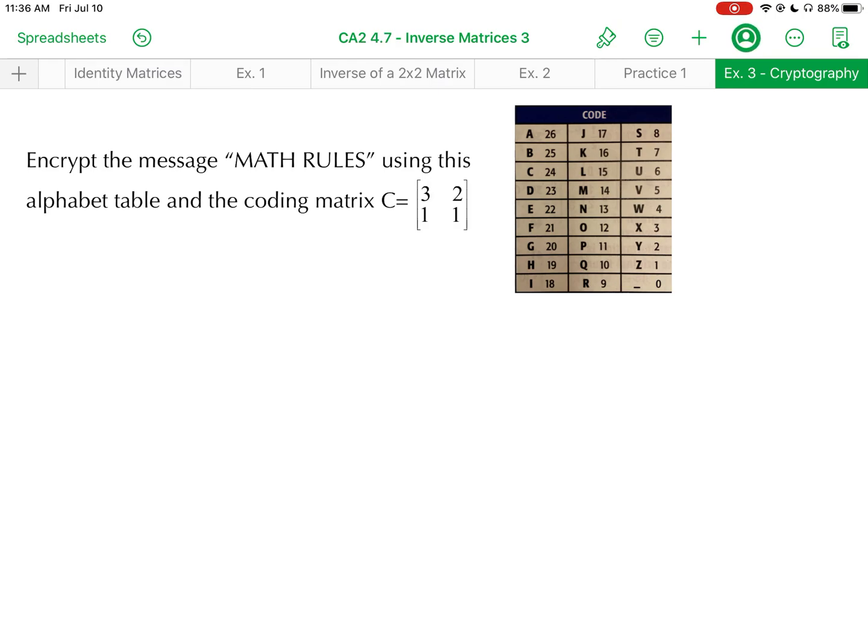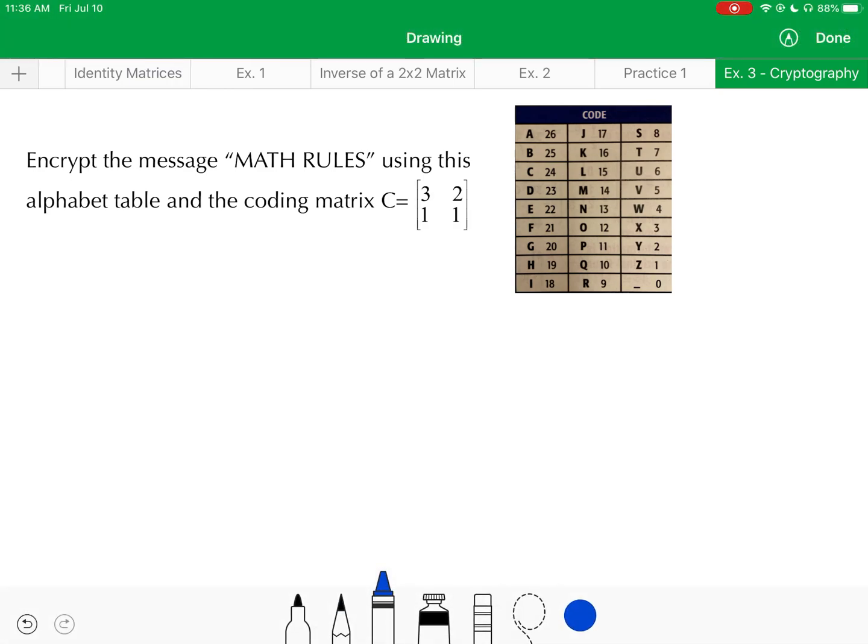Okay, so first thing you need to do is take the message that you're trying to encrypt, and you need to assign each of those letters to a number from your table. Now this is not a very sophisticated table. You can see that all we're doing is working backwards. The letter Z is assigned to a 1, and then you work backwards to the letter A assigned to a 26.